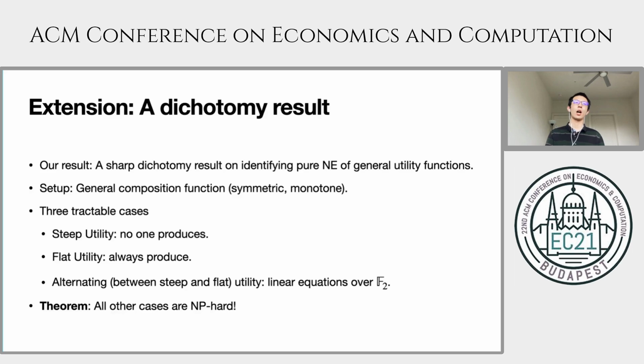That is, all the players will choose to provide. Besides these 2 trivial cases, there's another tractable case where the utility function is alternating between steep and flat. Here, the equilibrium can be computed via solving linear equations over finite field. Besides these 3 tractable cases, we prove that all other cases are NP-hard.